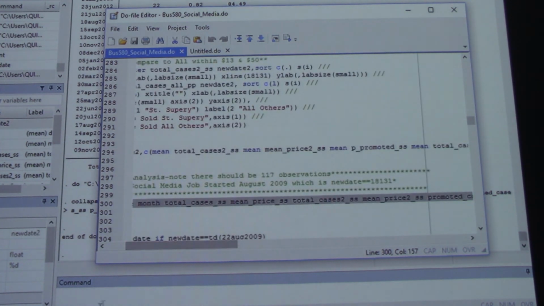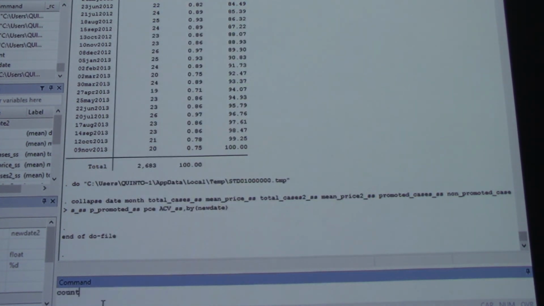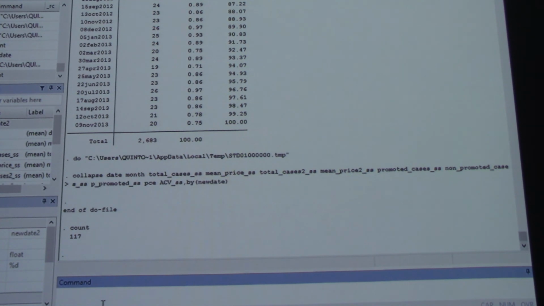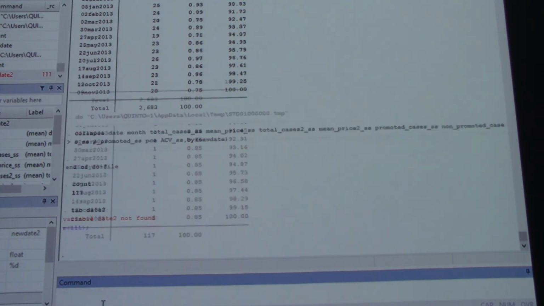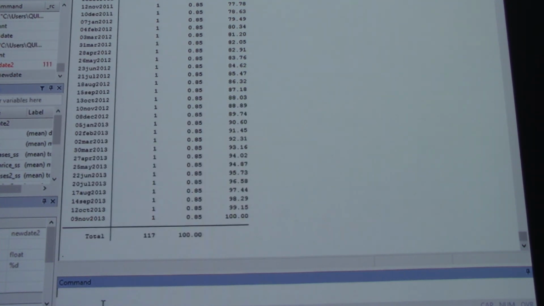If we did it right, we should only have 117 observations. One observation per period, which is really what we want.